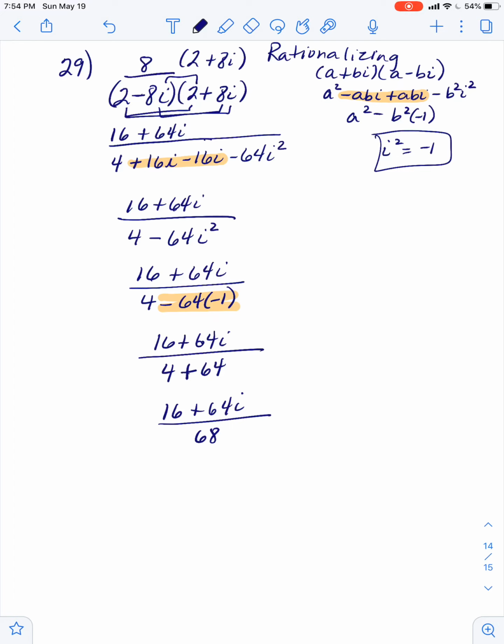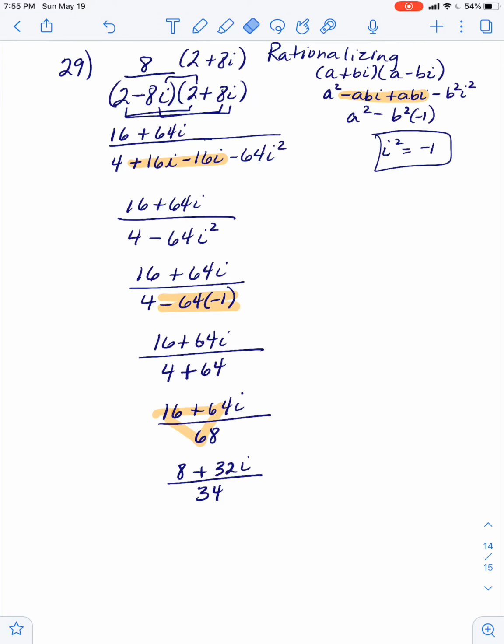Okay, now final step. When you get to here, you're almost done, but you always do need to look back at that triangle. So we talk about these three. Okay, and do you have anything common to 16, 64, and 68? And in this case, we can divide everything by 2. So that would be 8, 32, and 34. Okay, and whoops, it looks like I can do something more than that.